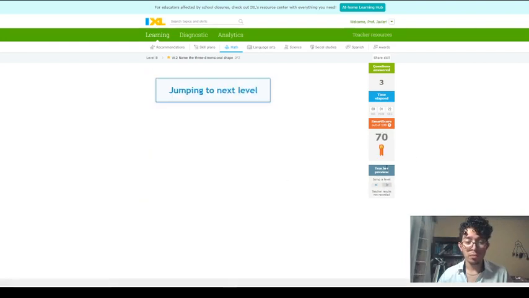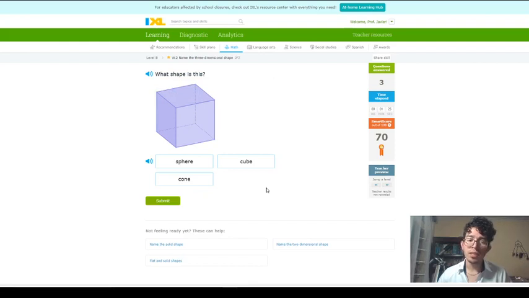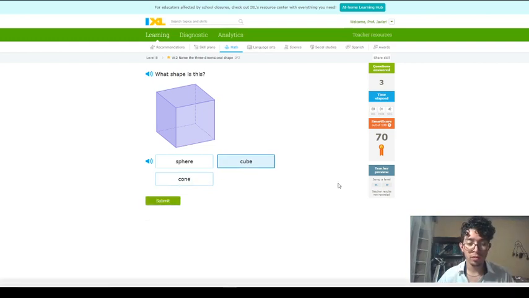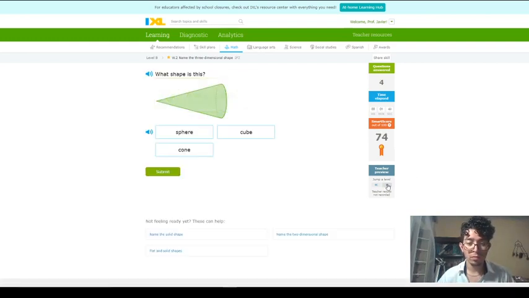And let's jump. What shape is this? Is it a sphere? Is it a cube? Or is it a cone, like an ice cream? This is a cube. Look, it's seen from the side. Lo están viendo de ladito. So this will be a cube. What is this? What shape is this? Is it a sphere?